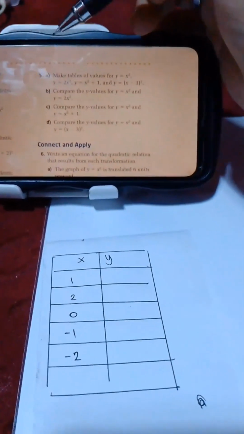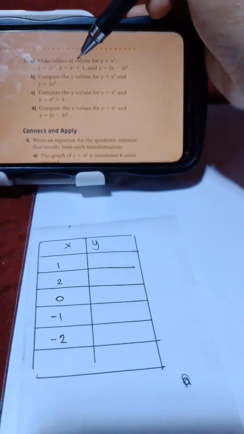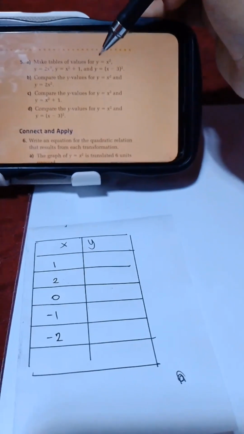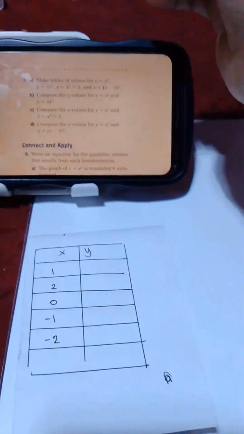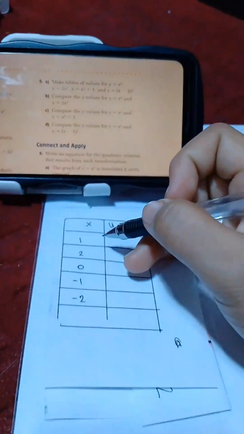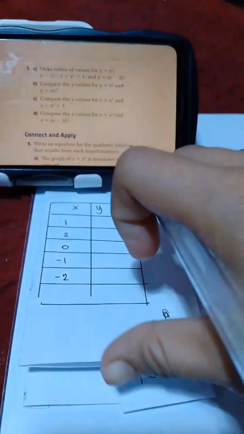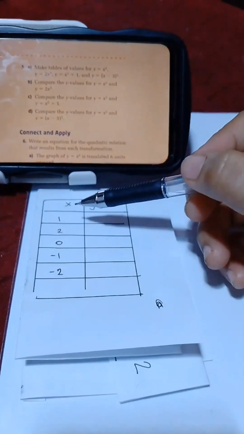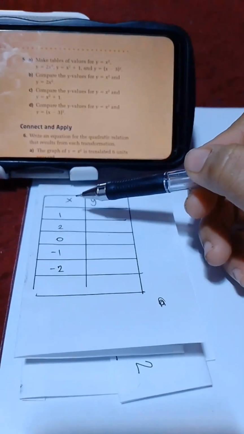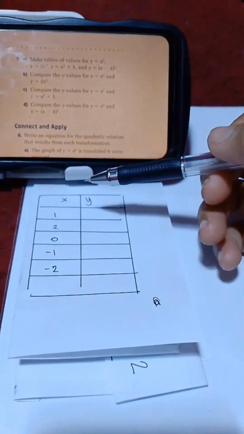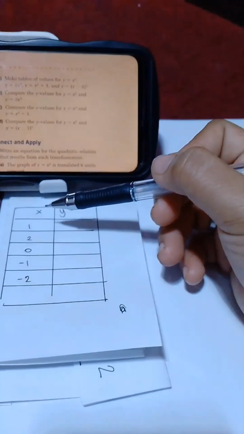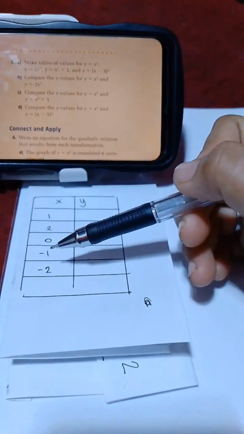So let's make tables of values for y equals x squared. In making a table of values, all you have to do is list down the values. To make a table look like this, you assign values of x.